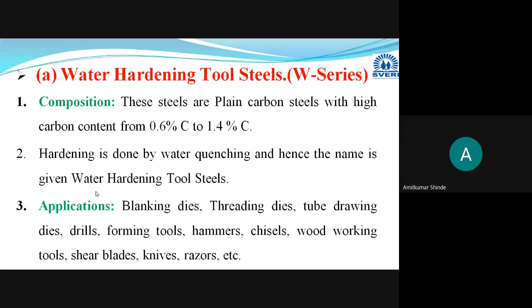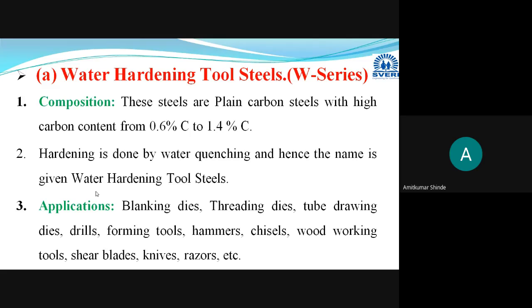We are heating the particular metal or alloy at the higher temperature, above 900 or 1000 degrees Celsius. After heating, we take that component from the furnace, all this heating being done in the furnace only. Using suitable safety instruments, we collect that component and directly dip it in the water.